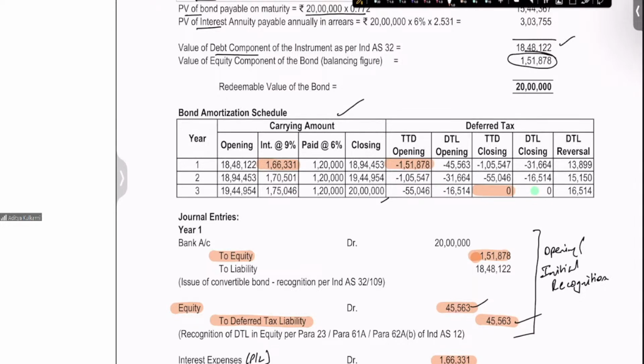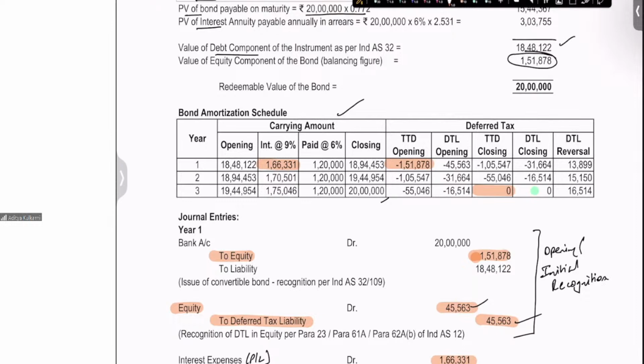It is because of this 1,66,000 that we are now seeing a reversal in fortunes. My deferred tax liability is reducing because slowly the carrying amount of the liability starts to increase. And because the carrying amount of the liability starts to increase, what am I having?